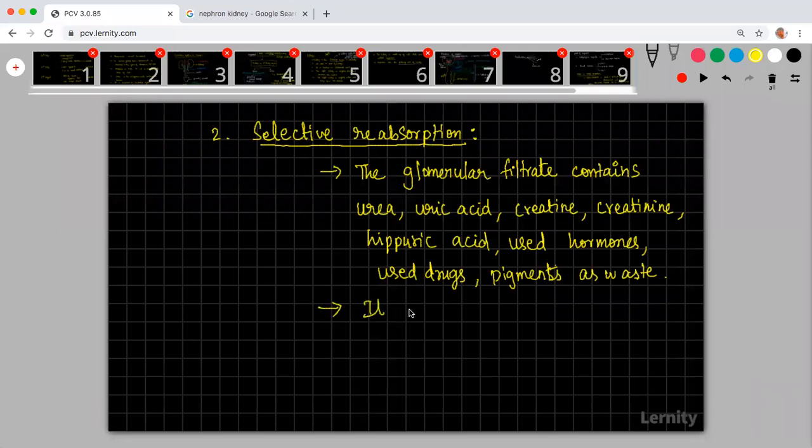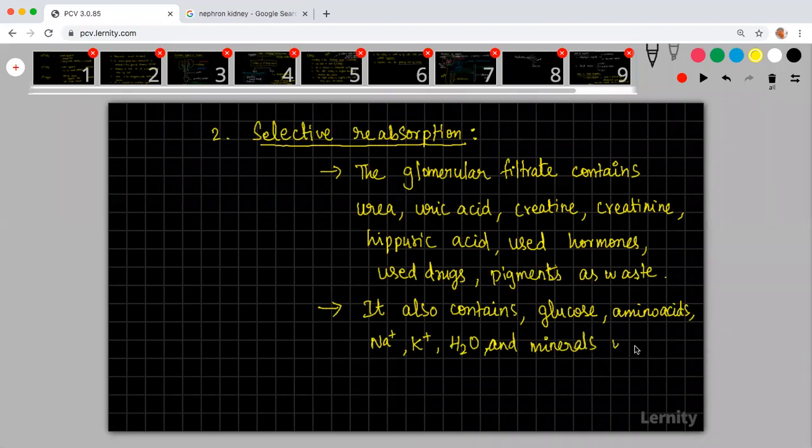It also contains glucose, amino acids, sodium, potassium, water, okay, and minerals wanted by the body.